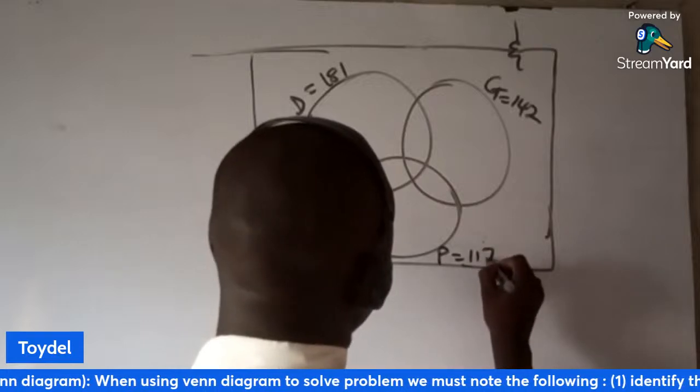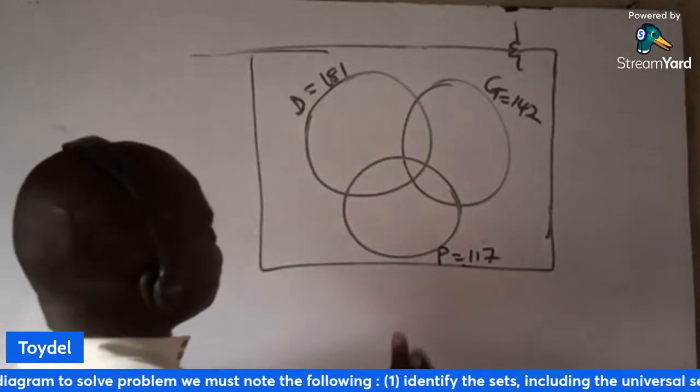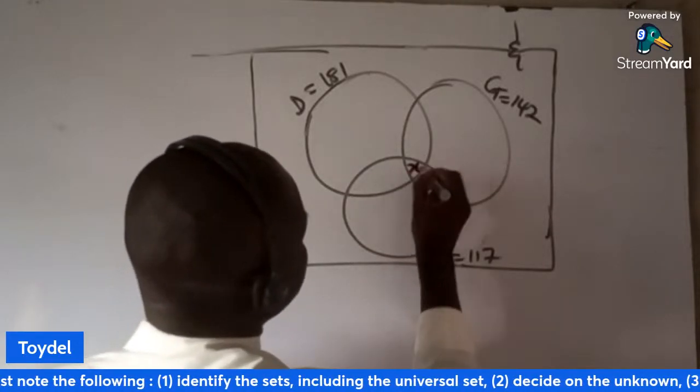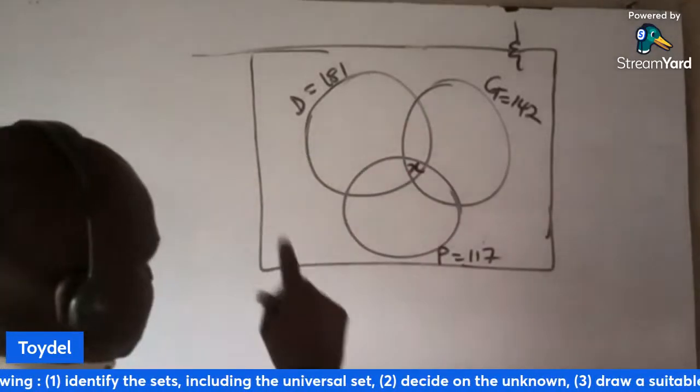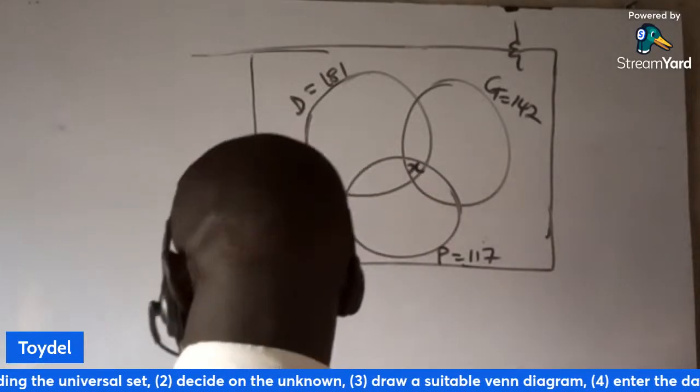From the information that we have, we represented the readers that read all three papers as X. So D intersection G intersection P is X, and they will be the one at the center.